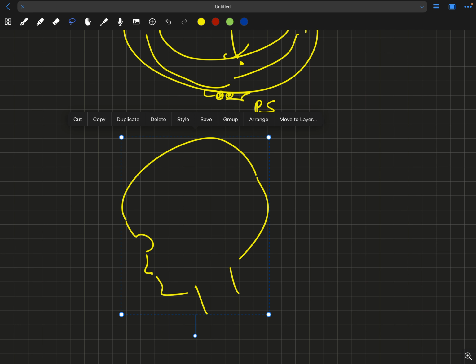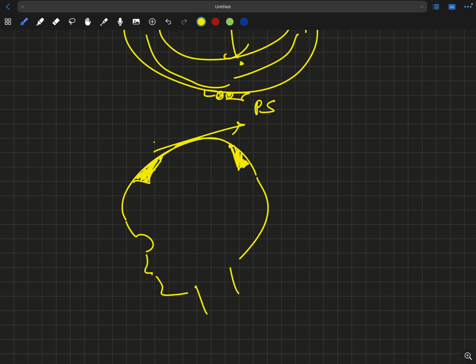So this is the well flexed head, and the presenting part here is the vertex. This is the anterior fontanelle, this is the posterior fontanelle. The anterior posterior diameter should be parallel to the vertex. It is the catch.